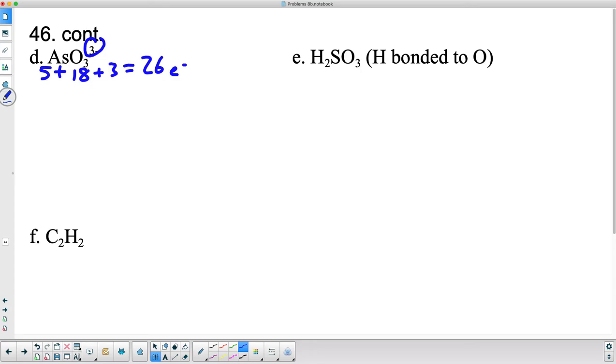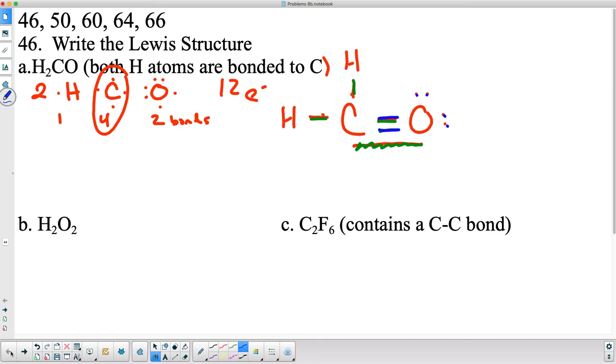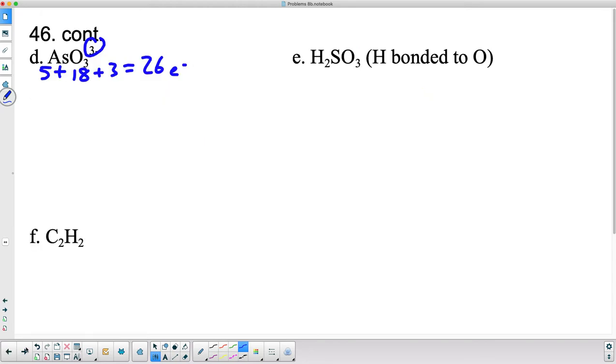And I didn't actually go back and account for how many I had in the first structure: 12, between the hydrogens, carbon, and oxygen. That's 2, 4, 6, 8, 10, 12 electrons, so we are in good shape with that structure for 46A. Now I go back here to 46D, and I'm looking for 26 electrons. So here's what I do.